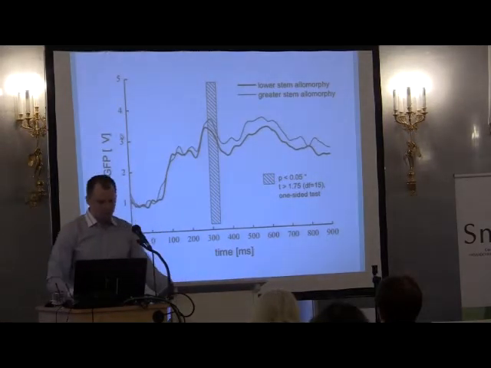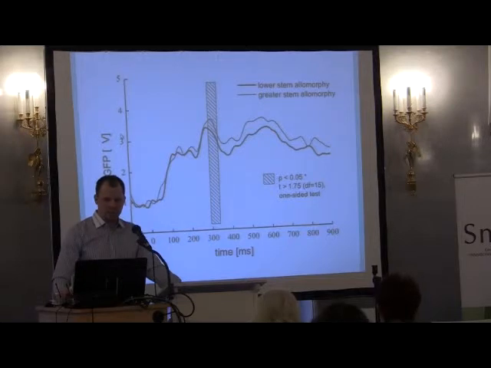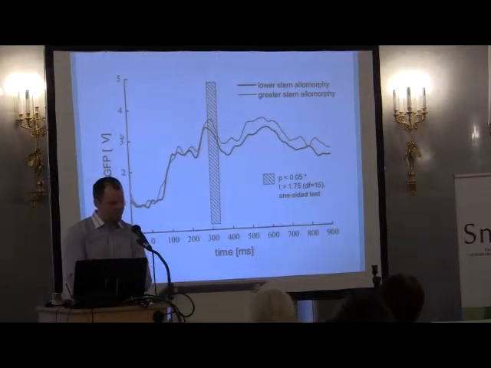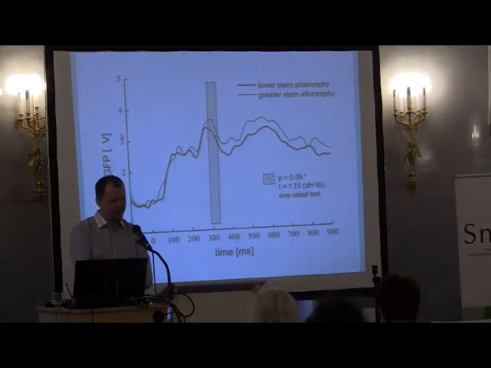So here on this figure, you can see grand average global field power curves for words with lower, the thick line, and greater, the thin line, stem allomorphy.